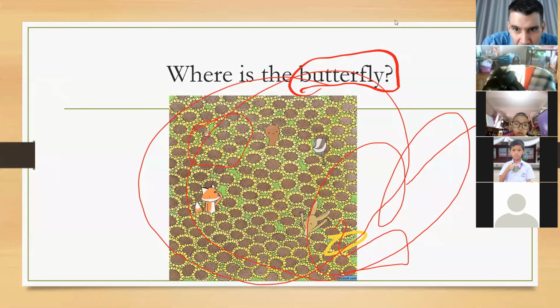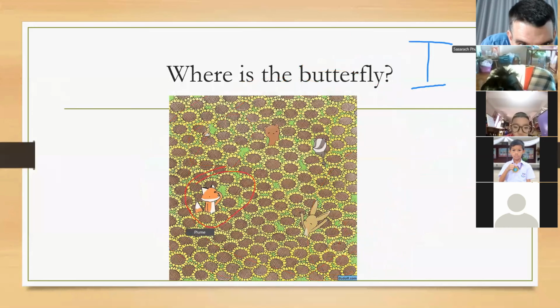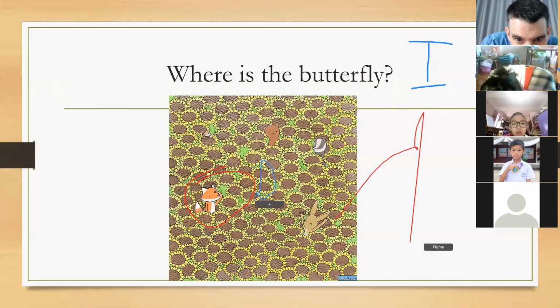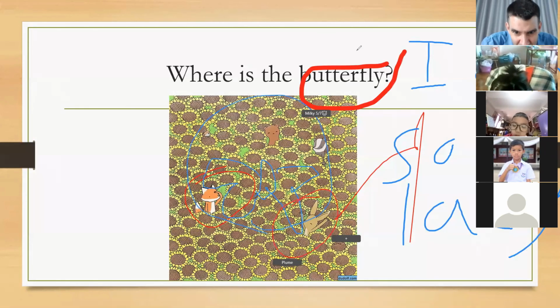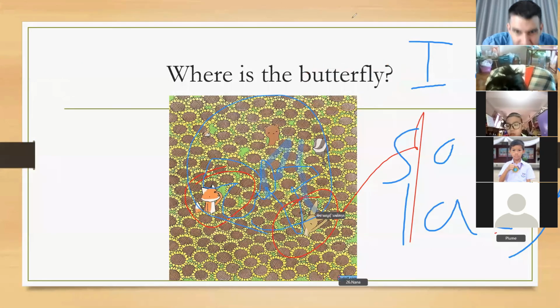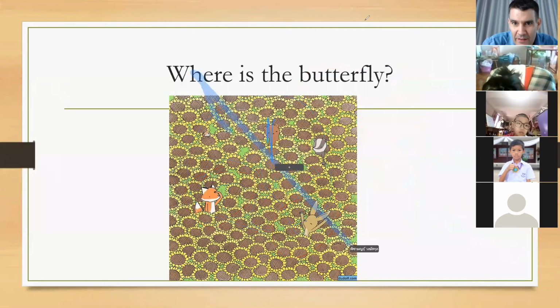Milky, I don't see. There's a fox. There's a rabbit. I don't know. I cannot find the butterfly. I cannot find it in this one either. Okay, enough of the drawing.